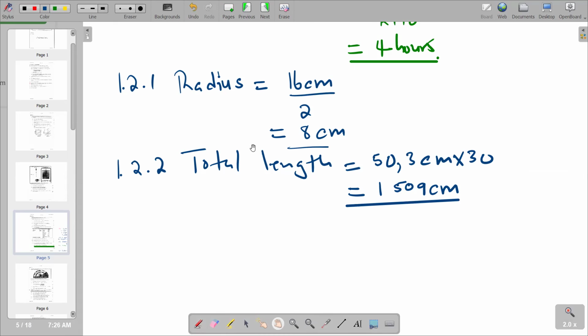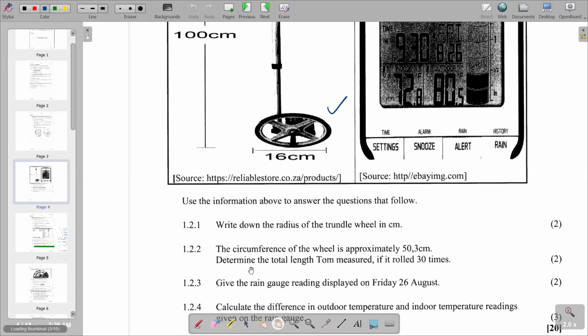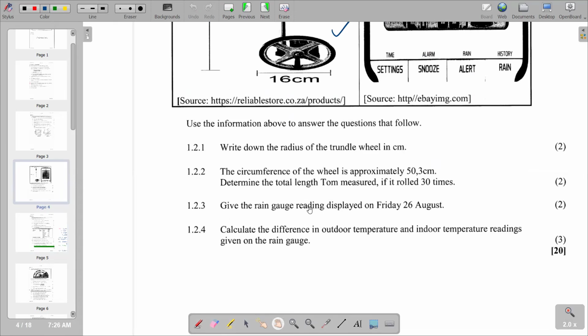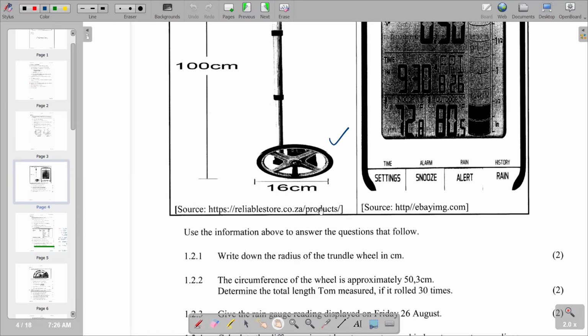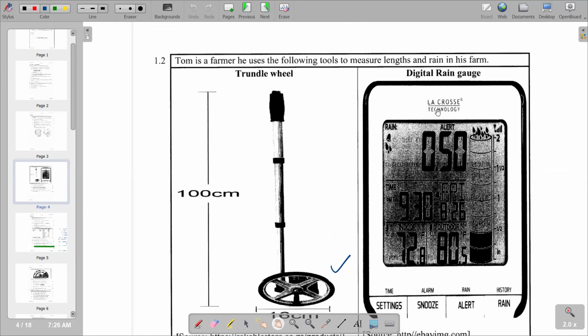We move on to the next one, 1.2.3: give the rain gauge reading displayed on Friday, 26 August. We come here and see the rain gauge, and the reading being asked for is presented here: 0.50 inches, or half an inch.